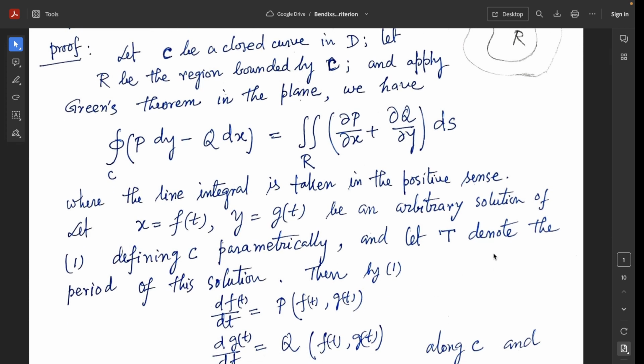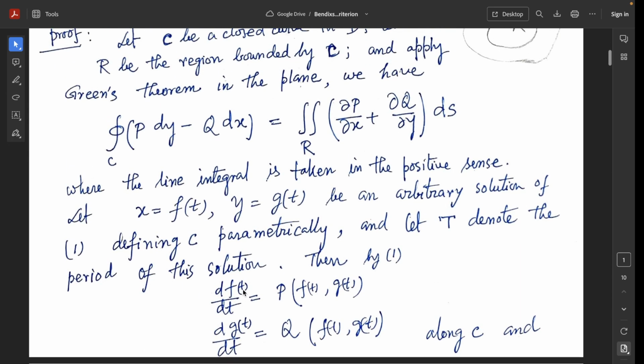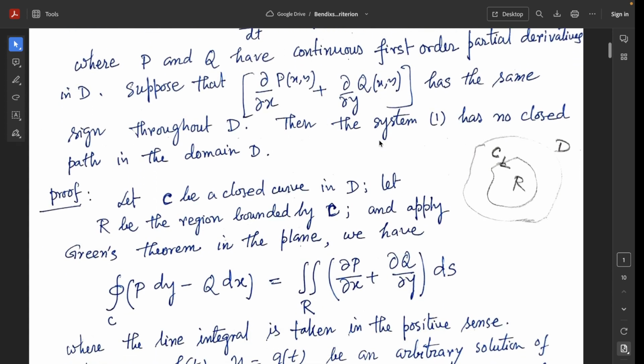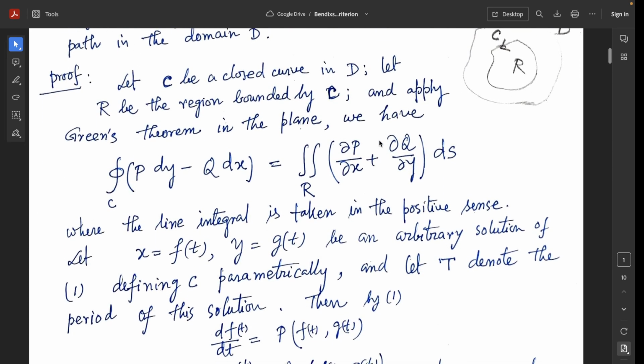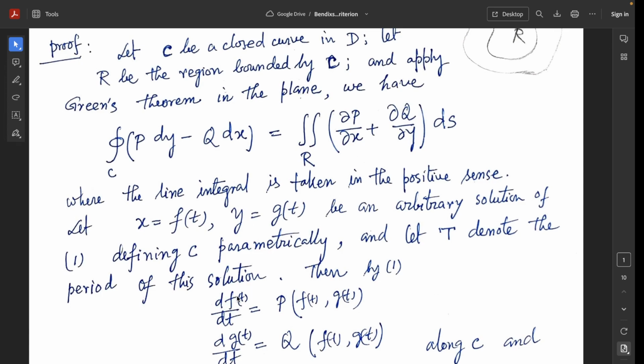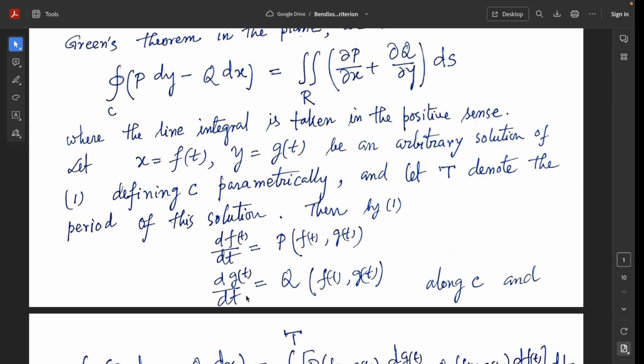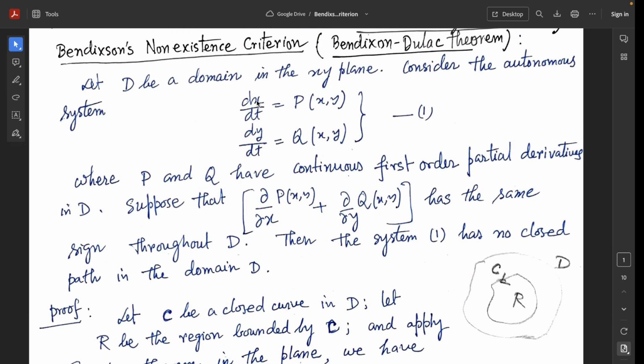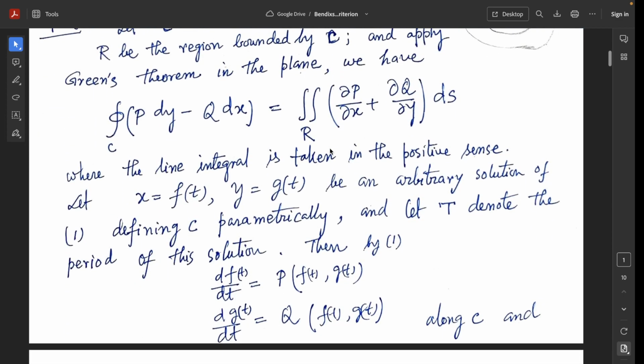Let capital T denote the period of this solution. Then by system 1, we get d/dt of f(t) equal to p(f(t), g(t)) and d/dt of g(t) equal to q(f(t), g(t)). We put here x equals f(t) and y equal to g(t).